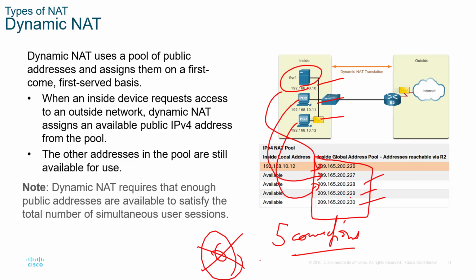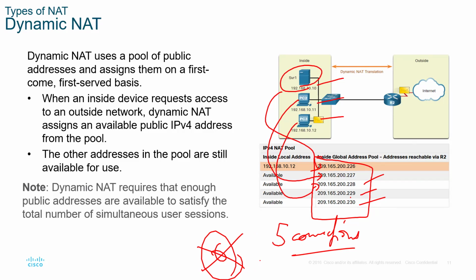So the importance of this is basically we must have sufficient public IP addresses in our pool to accommodate all the multiple connections that will be requested from our internal network.